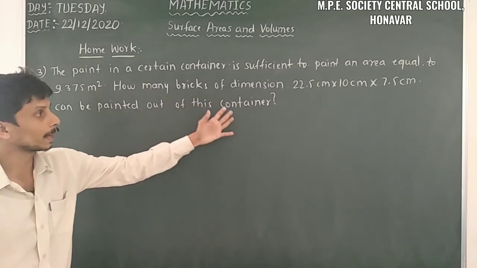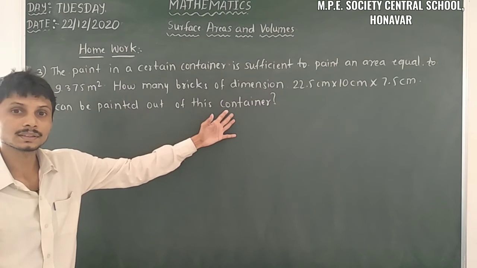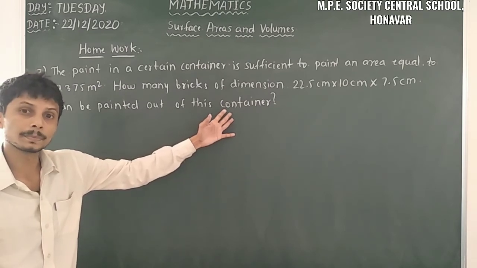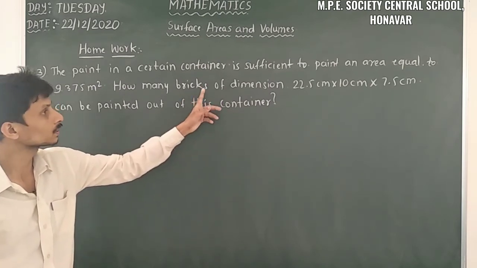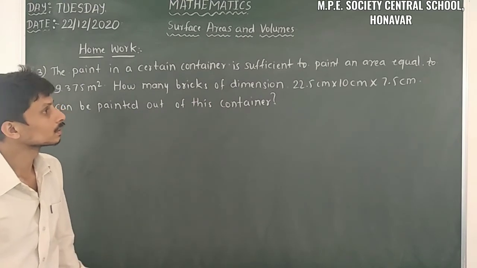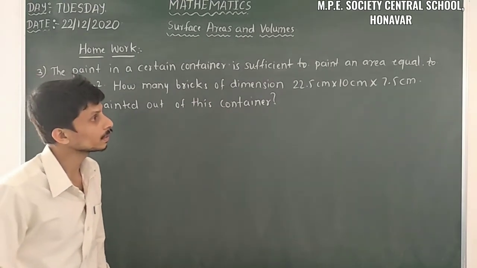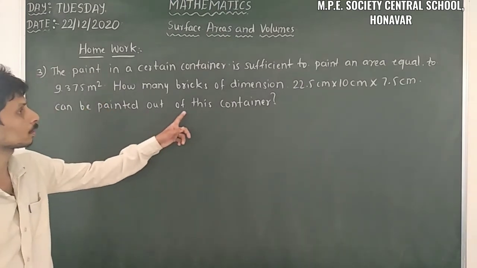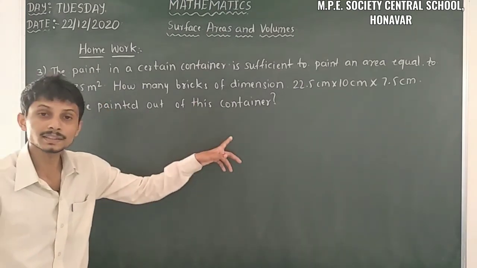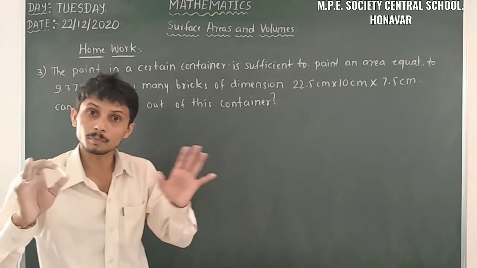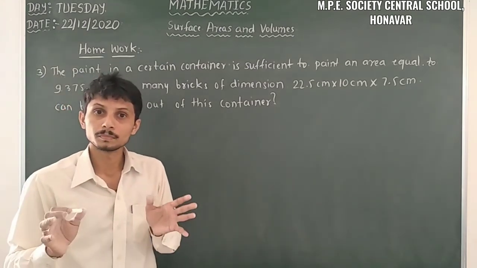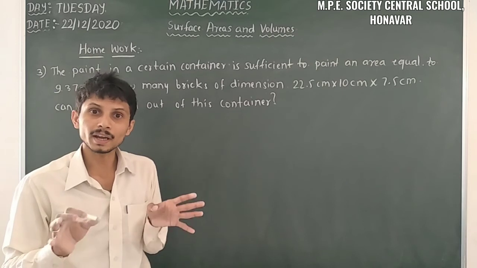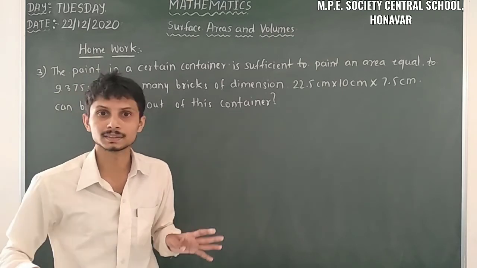How many bricks of dimension 22.5 centimeter into 10 centimeter into 7.5 centimeter can be painted out of this container? That means we have some number of bricks and we have to paint all these bricks.